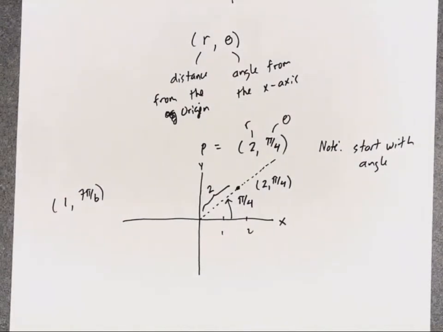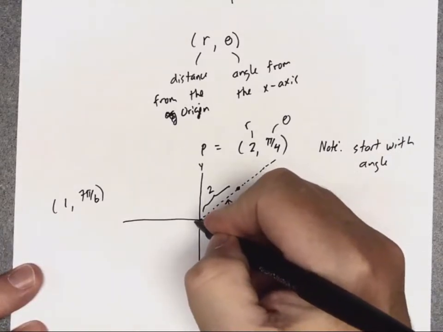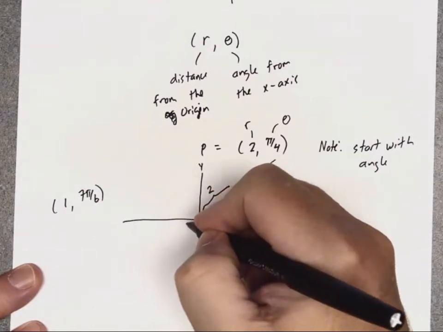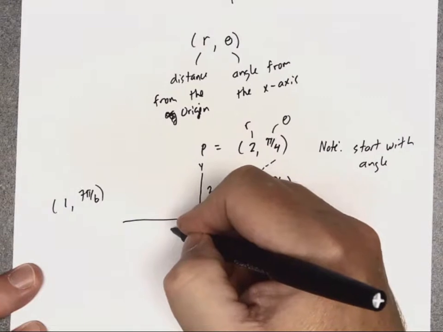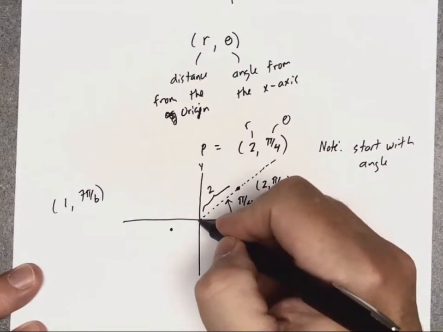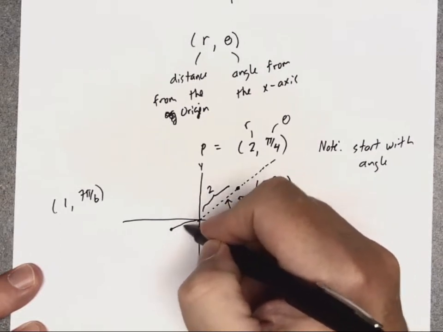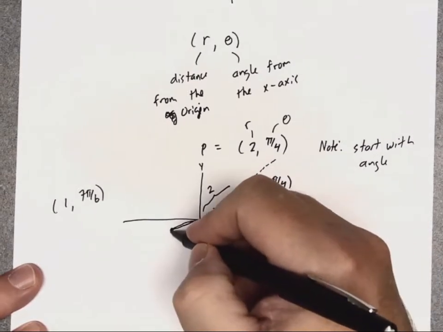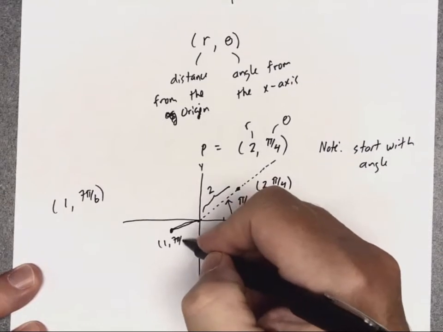So you go find the angle first. 7 pi over 6 is, this time I'm not going to draw the dashed line, but it's right about here. And if I go a distance of 1, maybe it's right here. And a lot of times what you do with polar coordinates, even though it's not a vector, sometimes we'll draw a line here to indicate the distance.